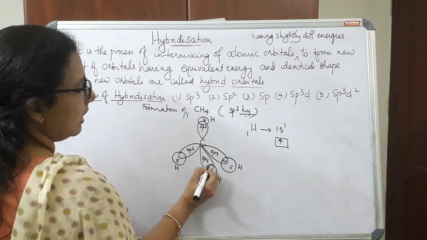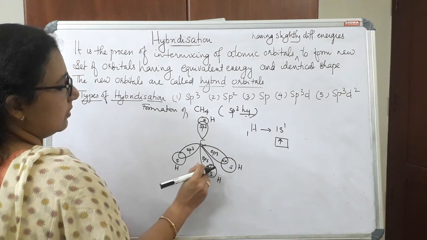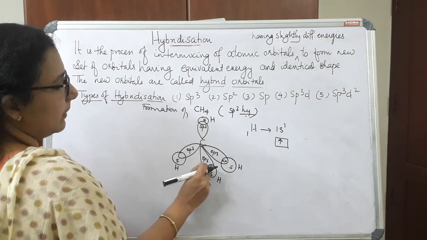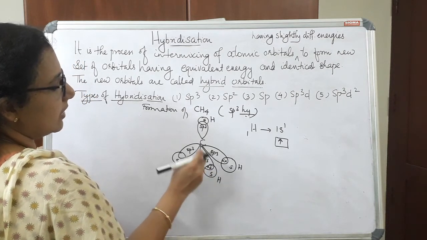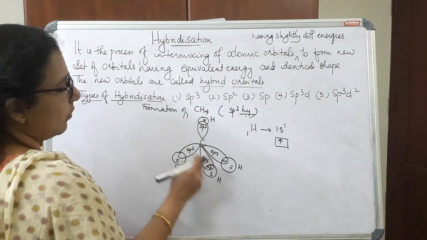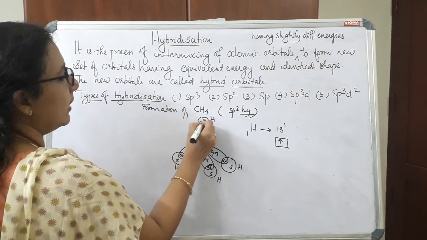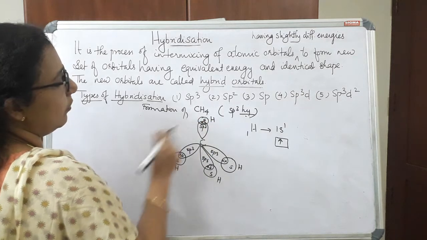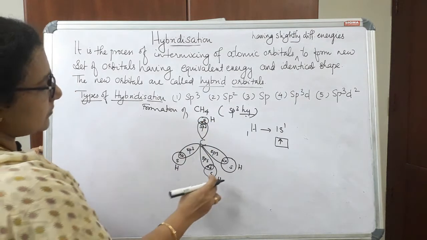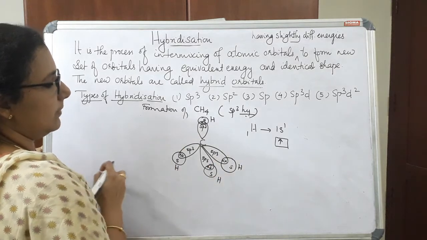So the singly occupied electron in the sp3 orbital and s orbital overlap together and a bond pair of electrons is formed. So 4 hydrogen atoms are bonded with 1 carbon atom.